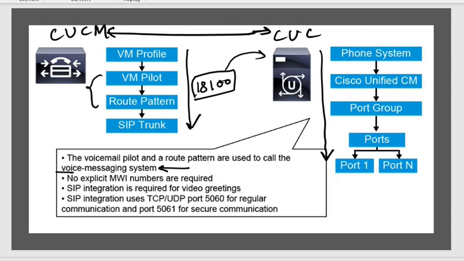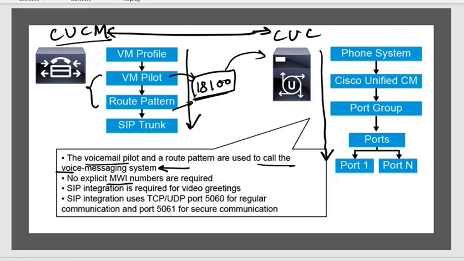So to call CUC, to connect from CUCM to CUC, you will use this as the number. And the route pattern is like the routing. It is providing you the path, right? And the pilot is the number, and this is telling you how to reach that number, right? So these two things in combination allow you to call the voice messaging system, that is Unity Connection. No explicit MWI numbers are required.